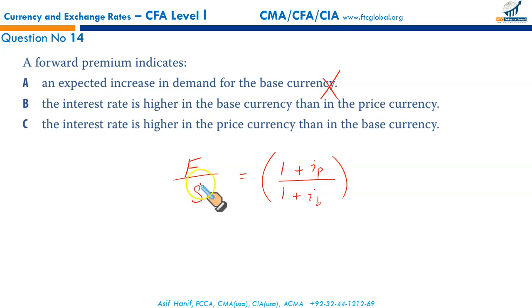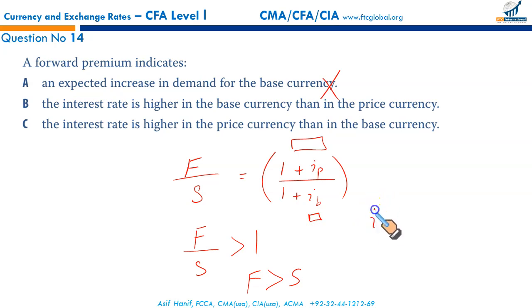Basically, if the currency is in forward premium, F upon S would be greater than 1. In other words, the forward rate is greater than the spot, which means the numerator here should be larger than the denominator, which means the interest rate in the price currency should be greater than the interest rate in the base currency, right? So the interest rate is higher in the price currency than in the base currency, so that makes C the correct option.